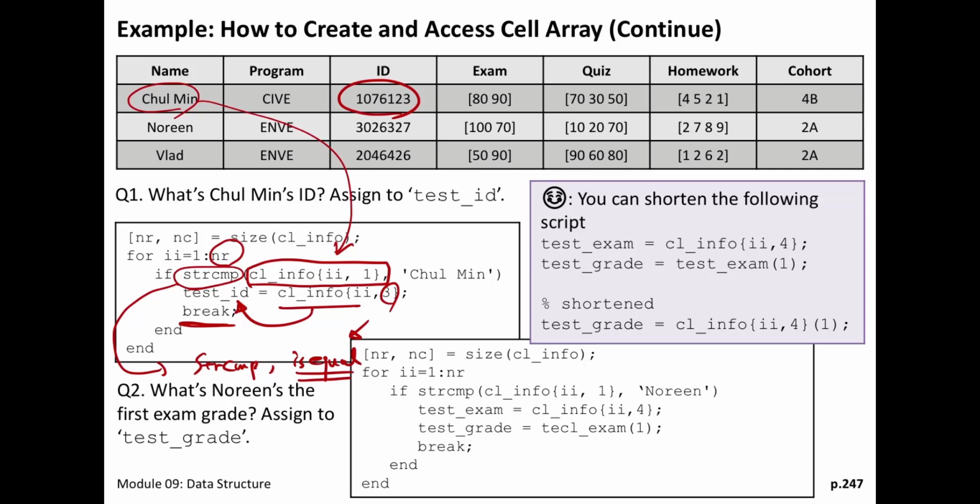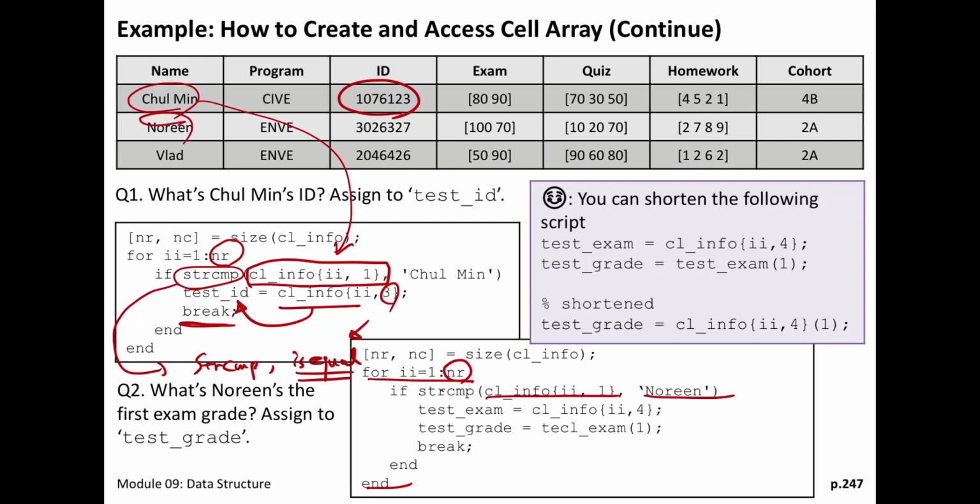Make sense? Okay, the next question is, what is Noreen's first exam grade? Okay? This is similar, right? You set the loop structure with the range 1 to the number of rows, and then read each name here.